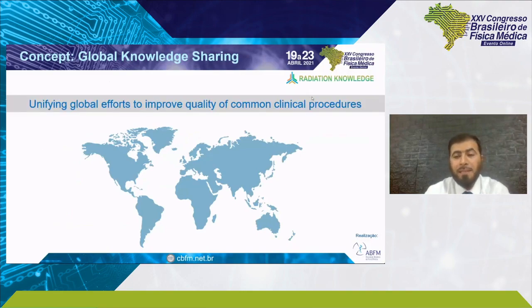It simply starts with defining a specific task through which it unifies the global effort to improve the quality of a certain clinical procedure. For example, if we have an advanced cancer case, a task for which we would like to improve the quality, then we unify the whole world to look at this one and only one problem, and then we see how different professionals work on it, and outcomes are produced.